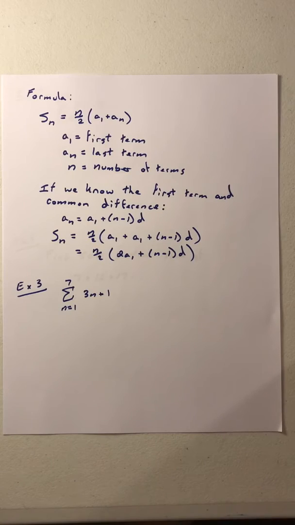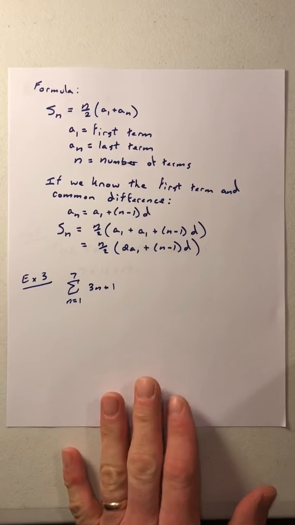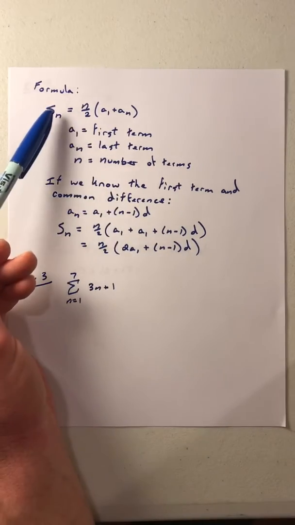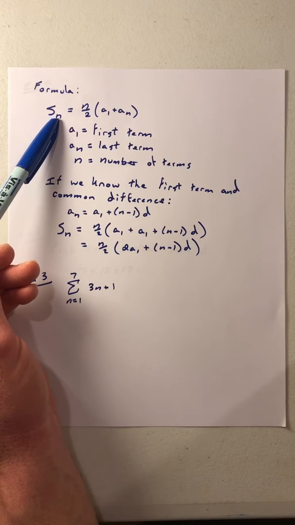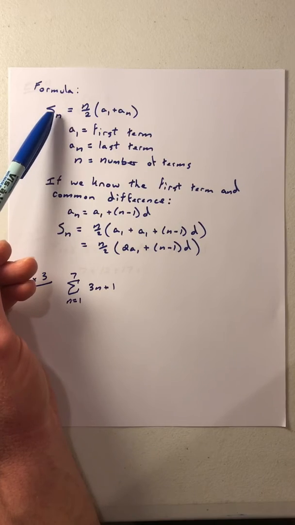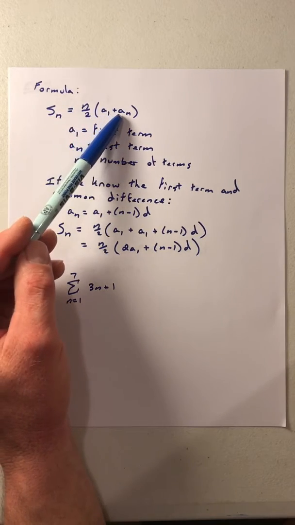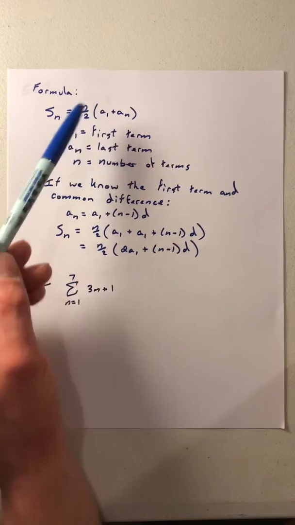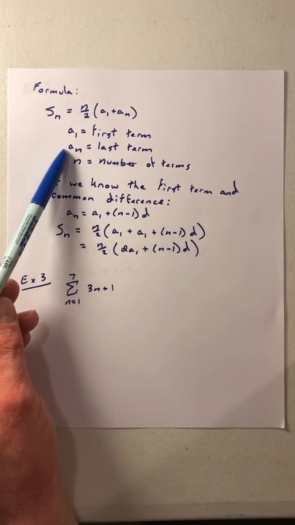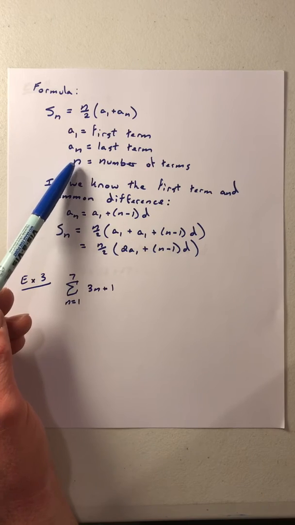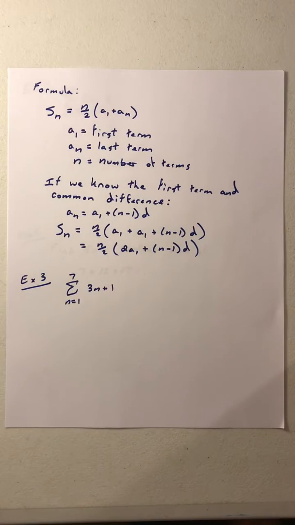So, a formula that we just came up with: if I give you the sum of the first n values of an arithmetic sequence or series, it is going to be n over 2 times a sub 1 plus a sub n, where a sub 1 is our first term, a sub n is our last term, and n is the number of terms. Now what happens if we just know the first term and the common difference?